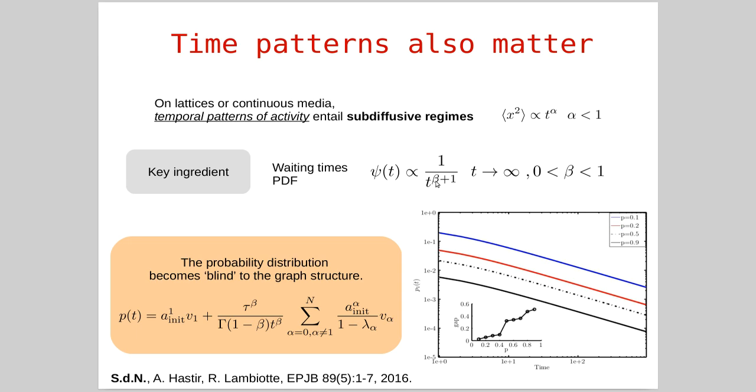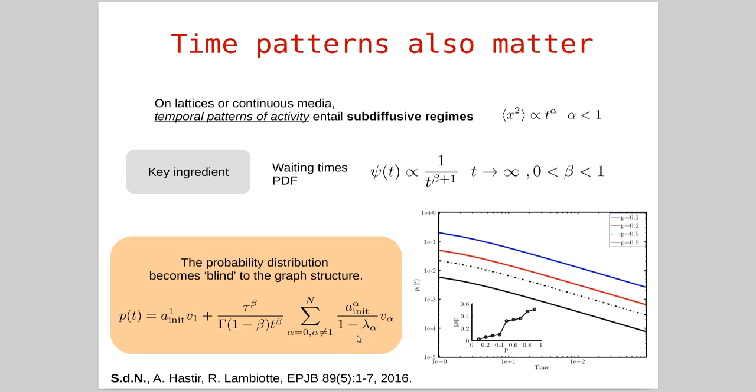So also in this regime on networks, it is easy to derive a generalized master equation, and at the end of the calculation, you come up with a probability distribution for your walkers that has this shape. Basically, you have two ingredients in this formula. One is the time dependence with the beta exponent, and the other part is the graph dependent part, because the lambda are the graph eigenvalues.